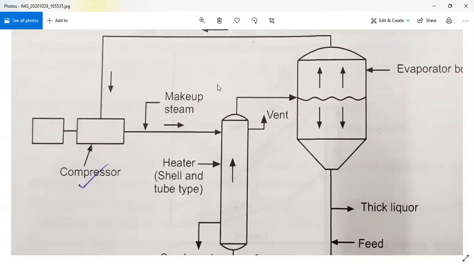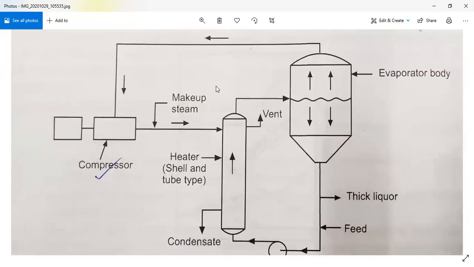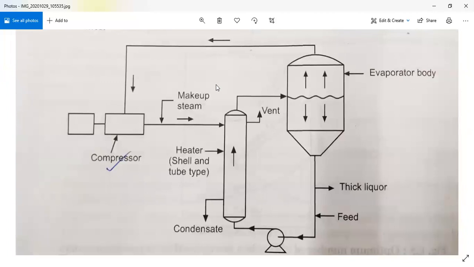So by using the compressor, we can increase the pressure or the temperature difference. How it happens, we will discuss. In this diagram, please observe that here is the feed.